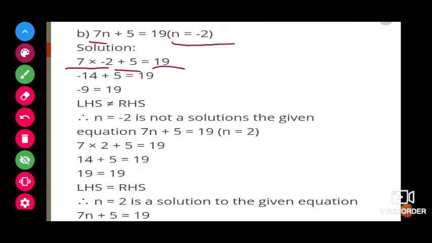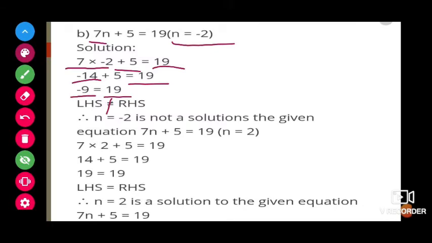Now, 7 twos are 14, so minus 14 plus 5 is minus 9. Is minus 9 equal to 19? No, it's not equal to 19. So LHS is not equal to RHS. So n equals minus 2 is not a solution to the given equation.